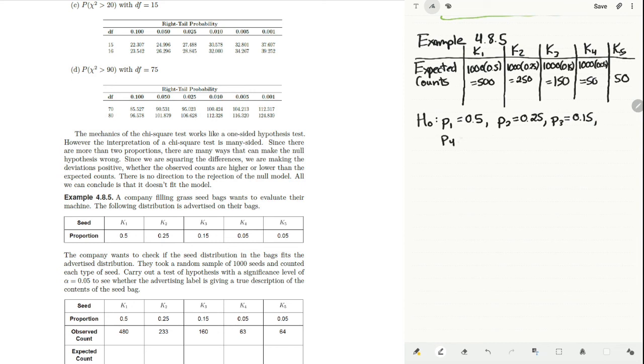And the proportions for seeds 4 and 5 are equal to 0.05. Now the alternative hypothesis is that at least one of the proportions differs from the advertised proportions.